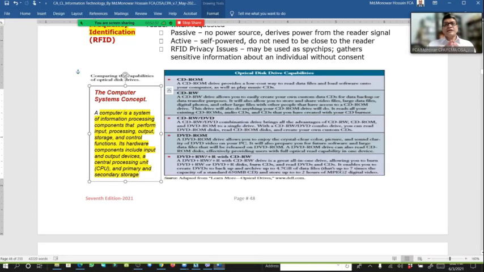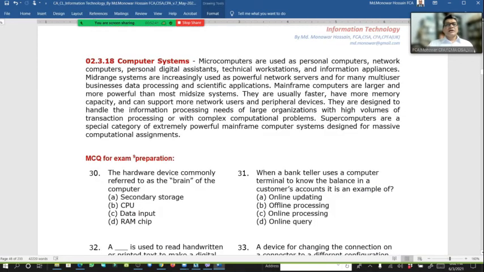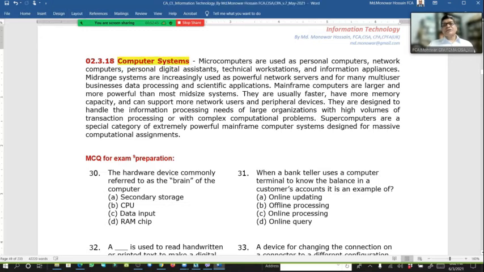Here, optical disks derive capability from CD-ROM, CD, etc. And computer systems: microcomputers used as personal computers, network computers, personal digital assistants, and technical workstations, and information applications, and midrange systems also used in scientific applications, and also the most powerful networks. And a mainframe computer is very large, very costly, very powerful, and bigger than a midframe. So this is the computer system.